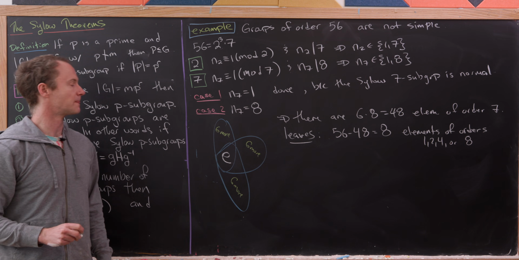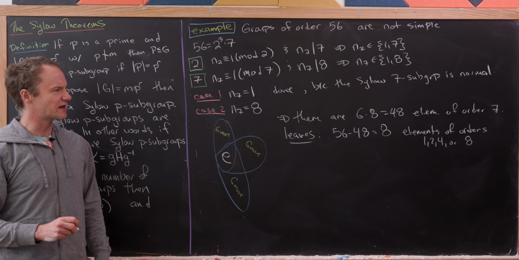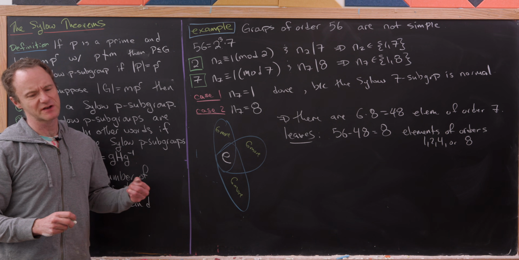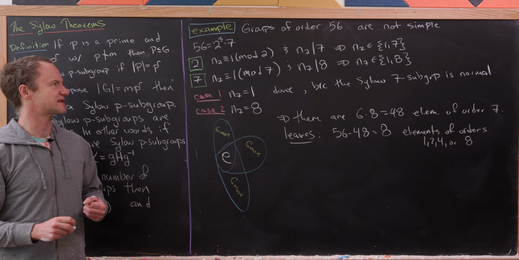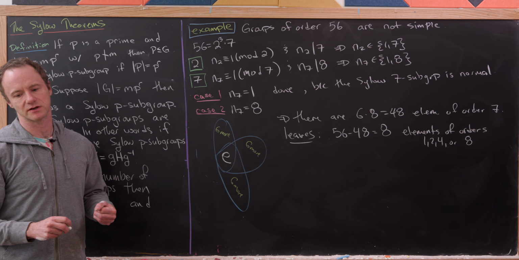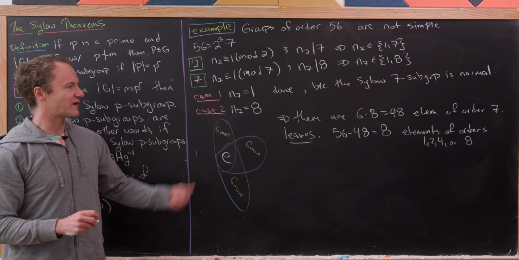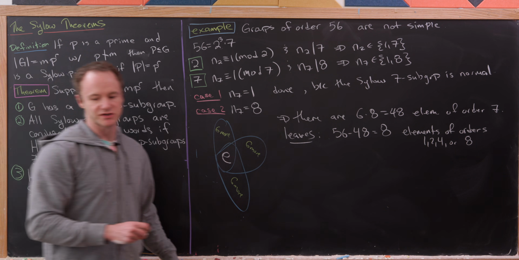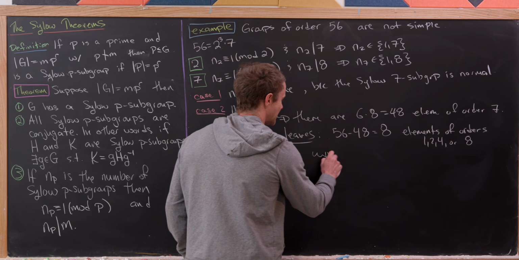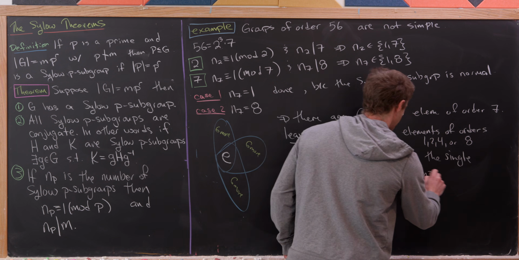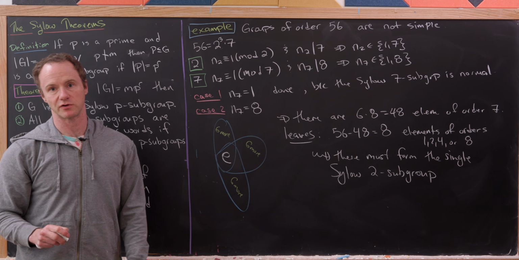Okay, cool. I guess this doesn't preclude the possibility of there being an element of order 56, but if there's an element of order 56, then we're kind of immediately done because we have a cyclic group. Okay, so anyway, we've got 8 elements of order 1, 2, 4, or 8. So that means that these must form the single Sylow 2 subgroup.